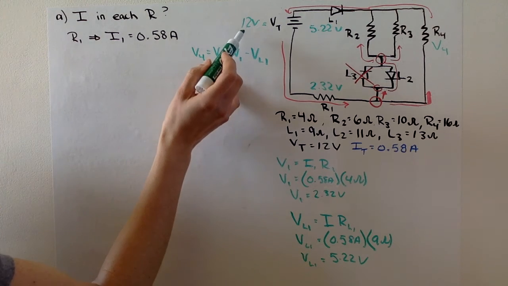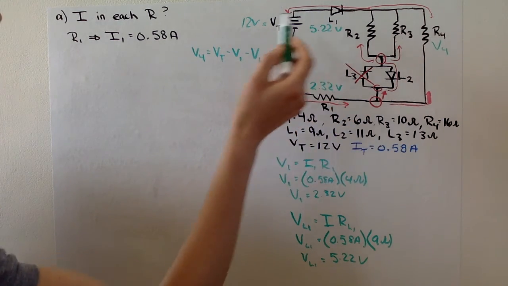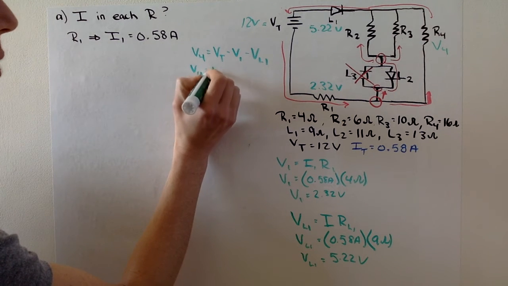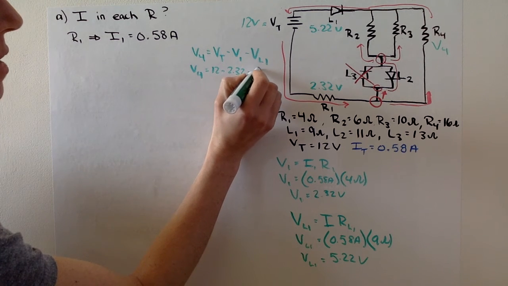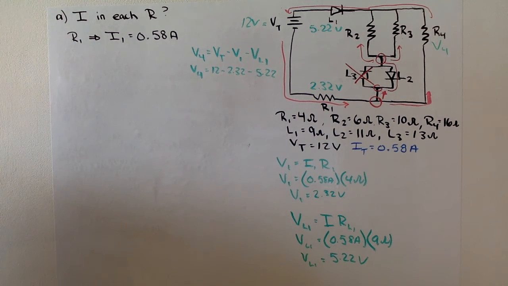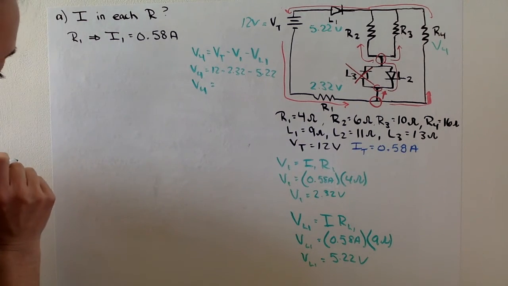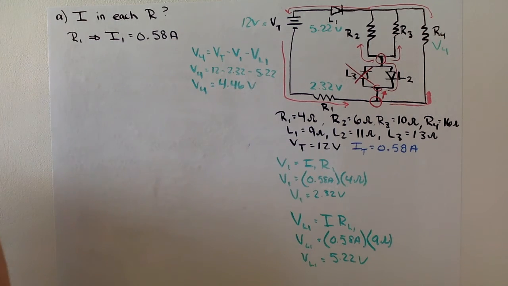Right? So the total essentially is the sum of these three, but I've just solved for V4 here. So V4 will be 12 minus 2.32 minus 5.22. So 12 minus 2.32 minus 5.22 gives me a potential around resistor 4 of 4.46 volts.